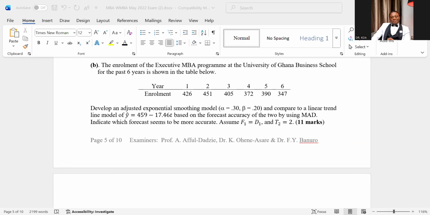Indicate which forecast is accurate. Okay. Assume F1 equal D1 and T2 equal 2. 11 marks. And I think your question about simple exponential smoothing will come from here, Abby.